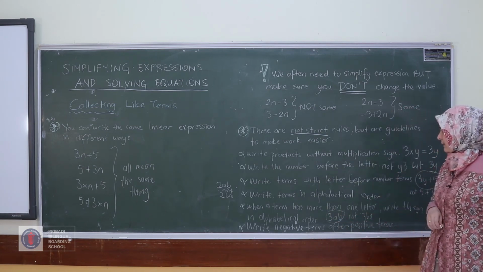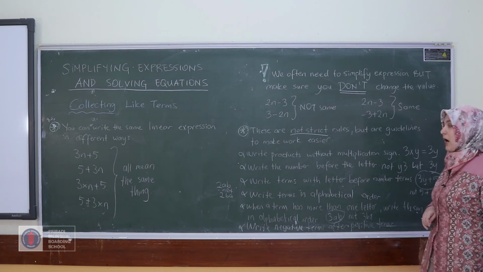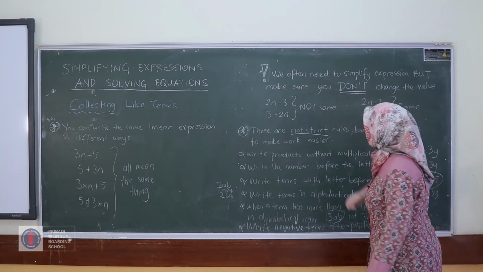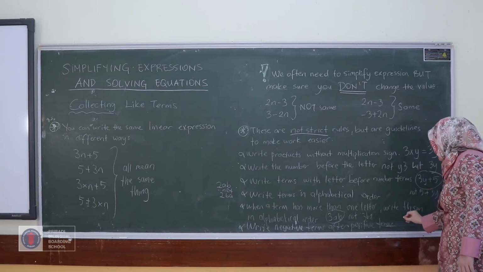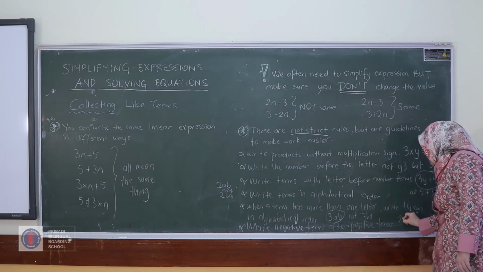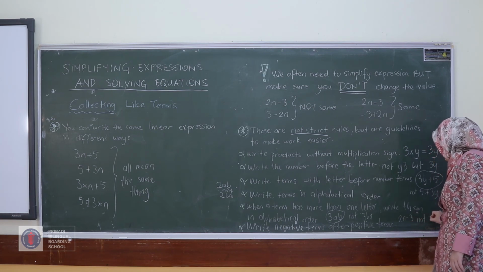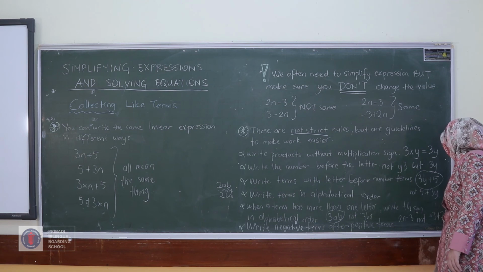And the next one: write negative terms after positive terms. For example, 2n minus 3. We write 2n minus 3. We don't write minus 3 plus 2n.